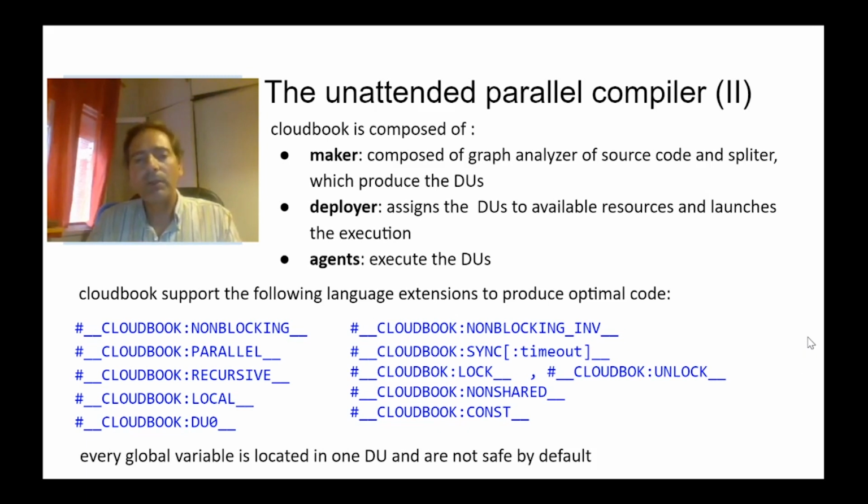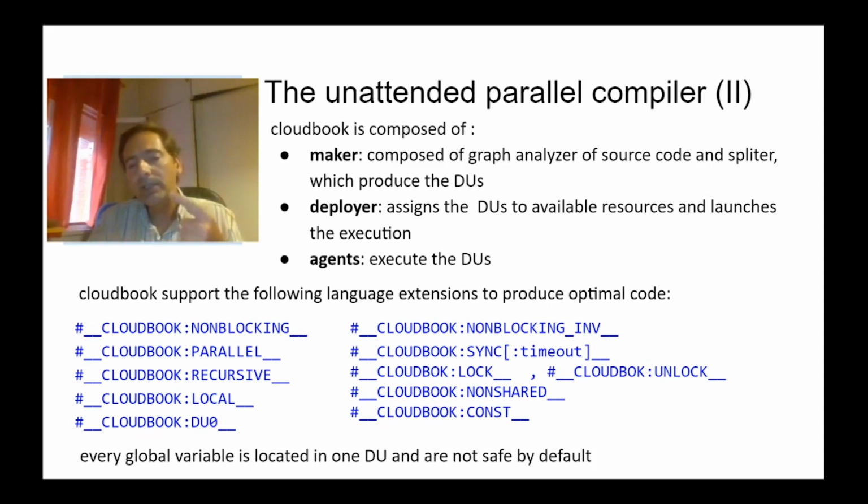Regarding global variables, they are implemented through a deployable unit which keeps the variable, so there is only one copy of the global variable. When different machines access this variable, they create a copy of it. So global variables are, by default, not safe, because every single function, when it starts its execution, makes a copy of the global variable that is going to be used.